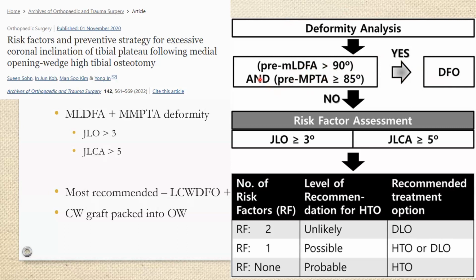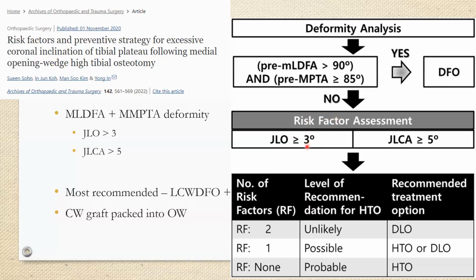Those cases which have only one of these deformities, either in the lateral femur or the proximal tibia, the next step is to look at the joint line obliquity and the joint line convergence angle. The presence of any of these risk factors, if treated with just a single level HTO, immediately led to an increase in joint line obliquity post-operatively.